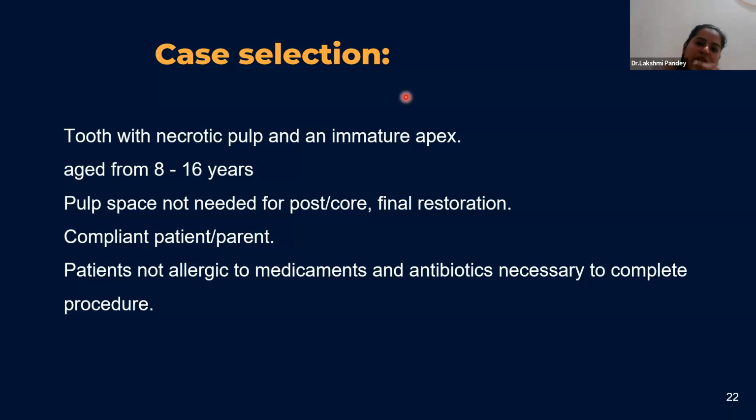Another thing is, whenever you're going to do a post and core, especially a custom cast or fiber post, in immature cases post and core is contraindicated. So a tooth which needs a post and core should not be saved and should not be performed for regeneration.